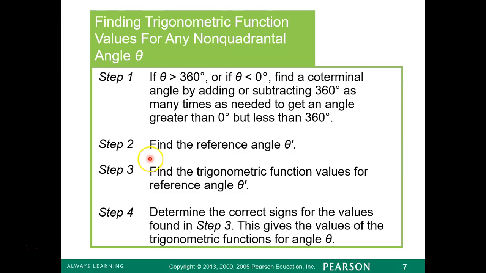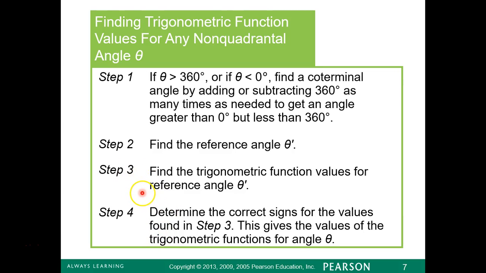Step 2, find the reference angle. After finding the coterminal angle between 0 and 360, find the reference angle of that coterminal angle. Step 3, find the trigonometric function values for each reference angle. And then determine the correct sign for the values in step 3.